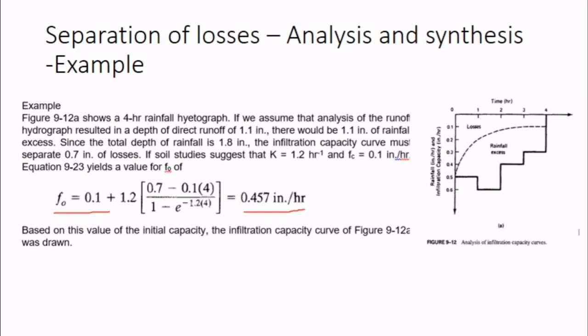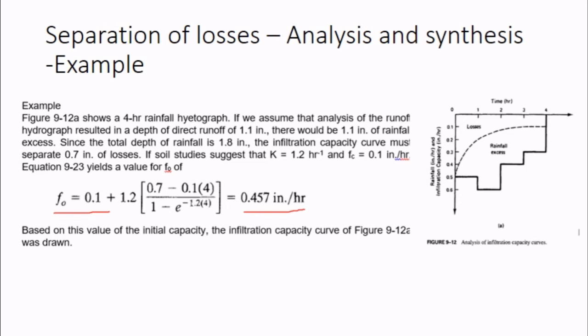Okay. So, ito yung infiltration capacity curve, and then ito yung loss, and then sa baba niya is yung rainfall excess. Okay, so nasan dyan yung 0.457. I think ito yung 0.457 somewhere here.